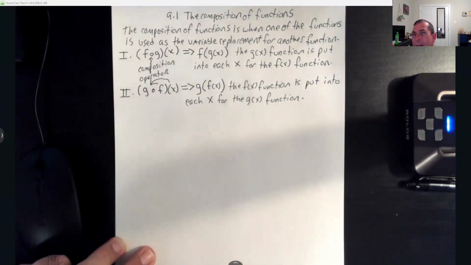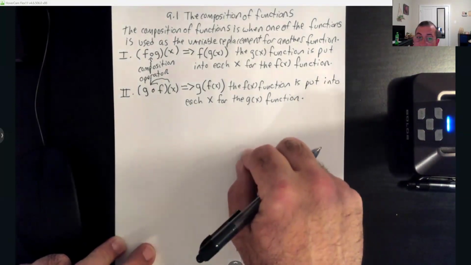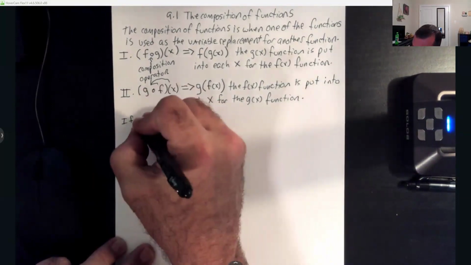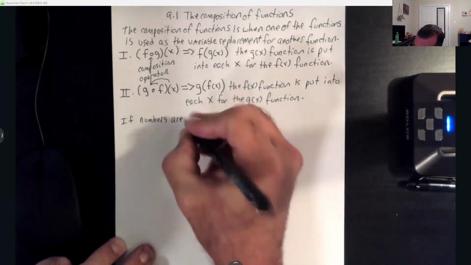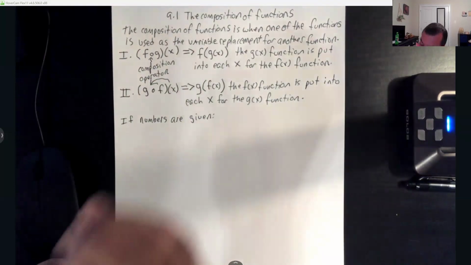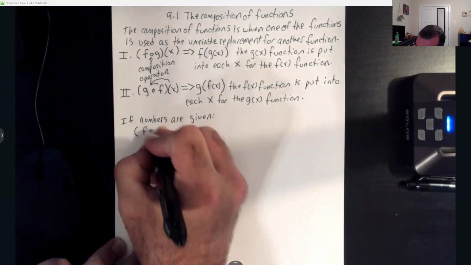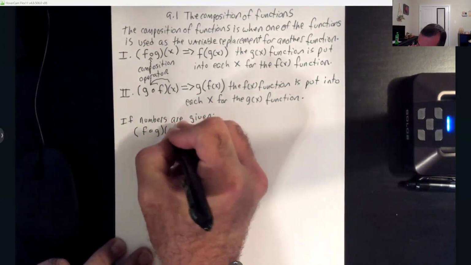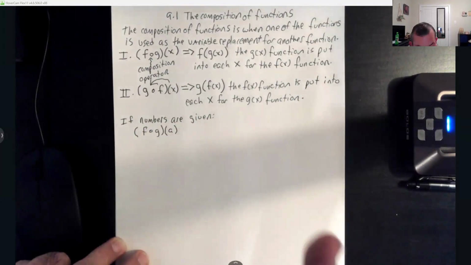Now, if they give us numbers to put into these functions, here's what we do. So if numbers are given, so say we had something like F compose G of A. So we're just going to let A represent any number.